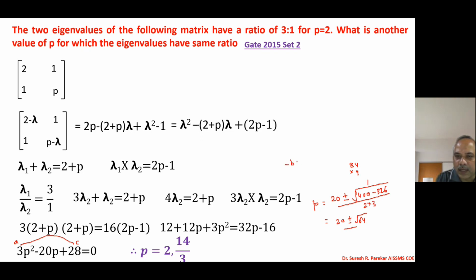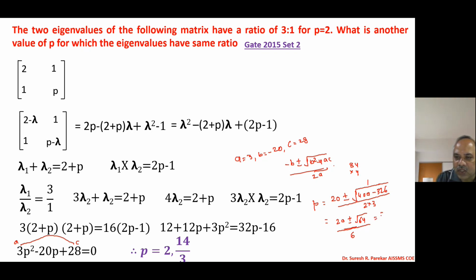Formula keep in mind: minus b plus minus root b square minus 4ac upon 2a. In this, a is 3, b is minus 20, and c is 28, and upon 6.